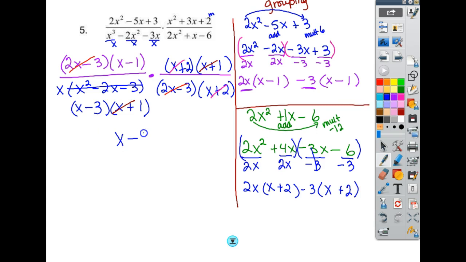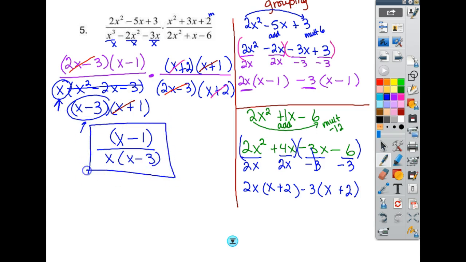X minus 1. Who ended up being left in the denominator? Don't forget that little x right there. X and then x minus 3, right? And so that's your final answer. Okay, so luckily for us, we don't have a lot of grouping ones that we have to do, but they do come up, so it's good that we went over it. Okay?